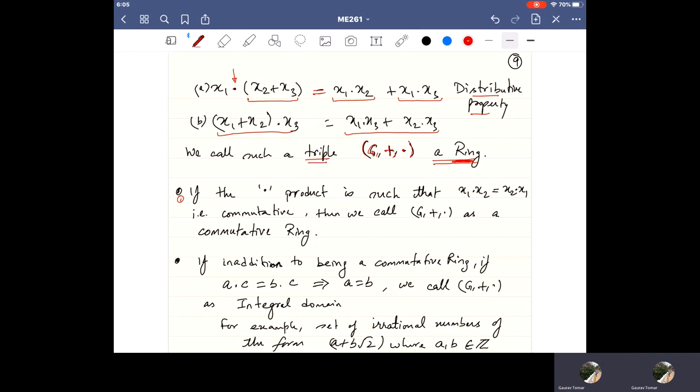Next in line, if the dot product is such that x1 dot x2 is equal to x2 dot x1 for every x1, x2 belonging to G, if this is true, it means that it's commutative with respect to dot. Then you call G, plus, dot a commutative ring. Okay? Another name.